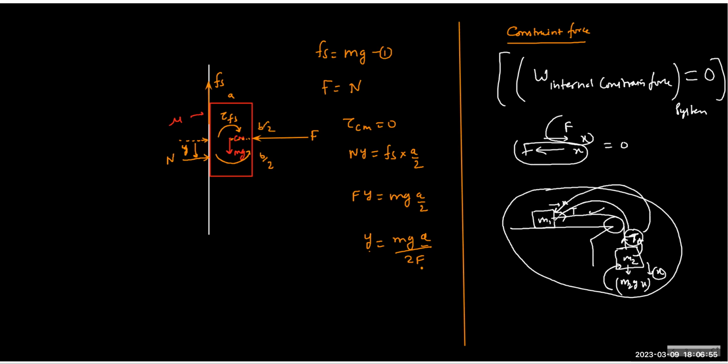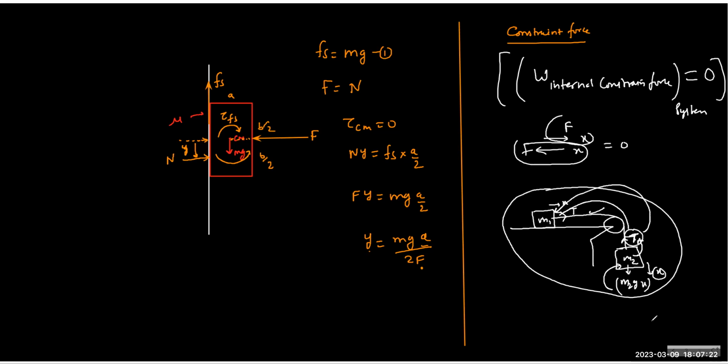If you have an extensible string, what will happen? The energy cannot transmit effectively. Why? Because the elongation of the string itself will store some energy, isn't it? So the string will act as a spring actually, and therefore some energy will go to the spring, and a part of the energy will go to the what?